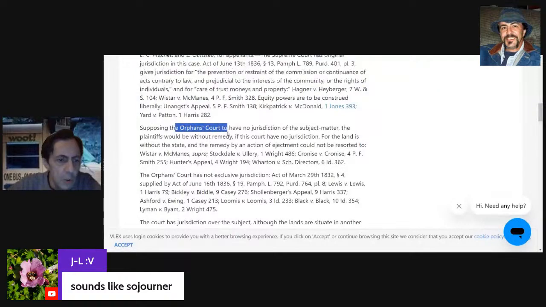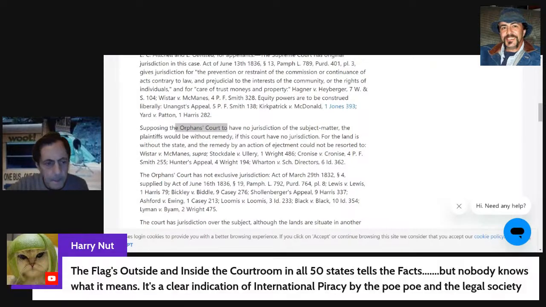Supposing the orphans court to have no jurisdiction in the subject matter, the plaintiffs would be without remedy if this court have no jurisdiction. Why is that important, folks? The flag outside and inside the courtroom in all 50 states tells facts, but nobody knows what it means.